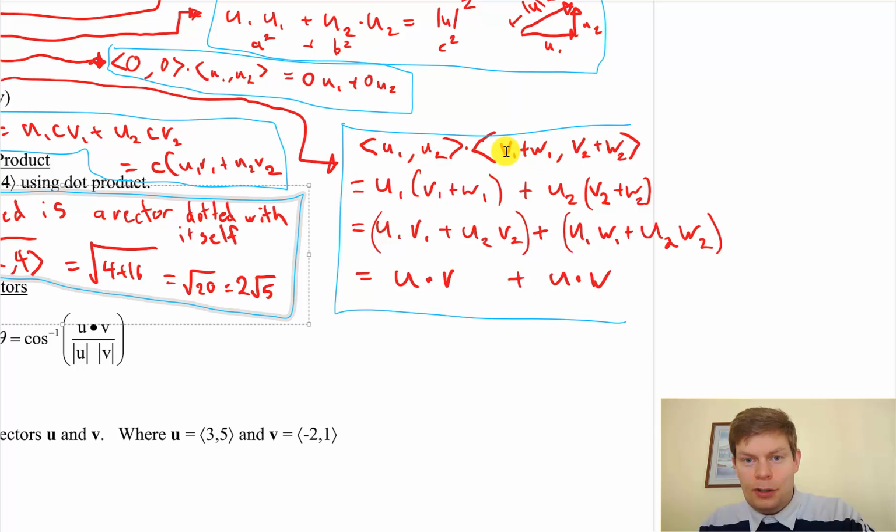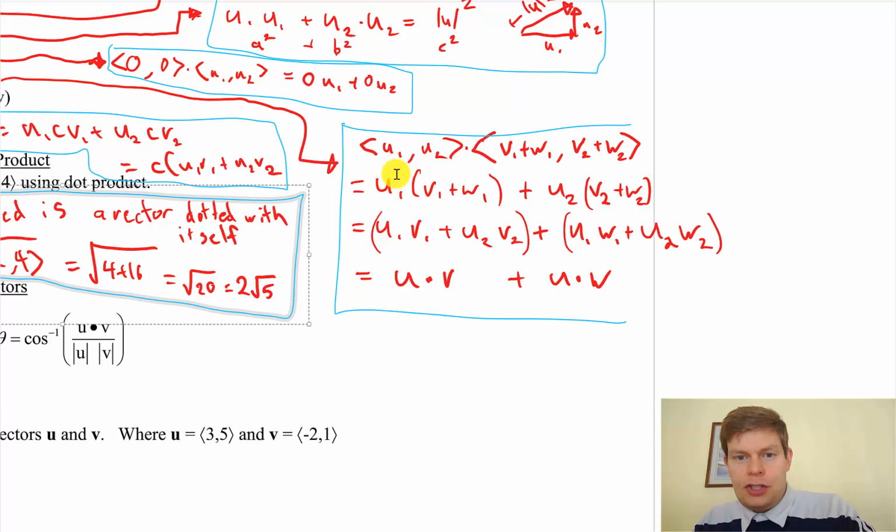The x component of v plus w would be v1 plus w1, and the y component would be v2 plus w2. And so if we put that to the natural conclusion, if we dot it, we'd end up with u1 times (v1 plus w1) plus u2 times (v2 plus w2). We're just dotting these, x component times x component, y component times y component.